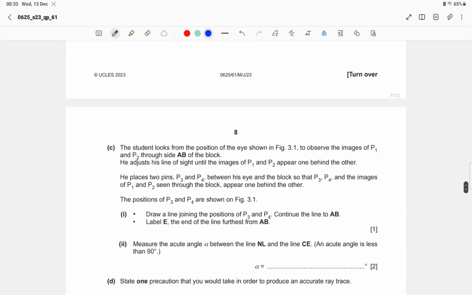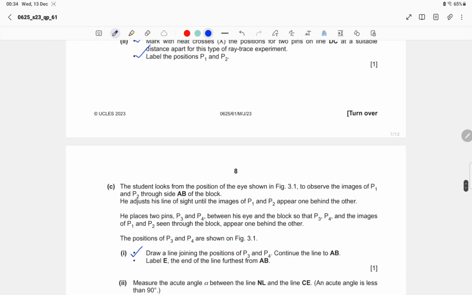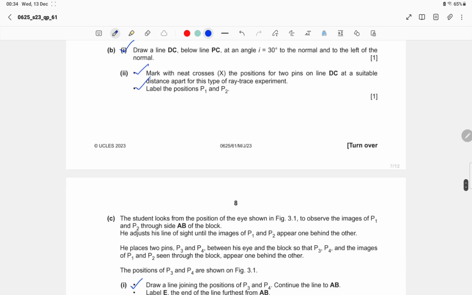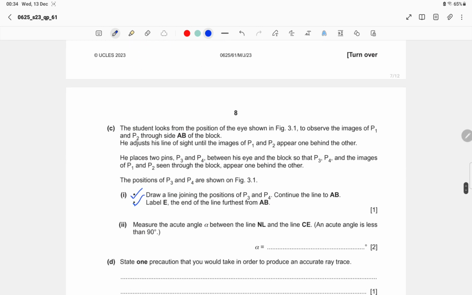The student looks from the position of the eye shown in the figure to observe the images of P1 and P2. He adjusts his line of sight until the images of P1 and P2 appear one behind the other. He places two pins P3 and P4 between his eye and the block so that P3 and P4 and the images of P1 and P2 seen through the block appear one behind the other. The positions of P3 and P4 are shown in the figure. Draw a line joining P3 and P4. Continue the line to AB and label it E at the end.